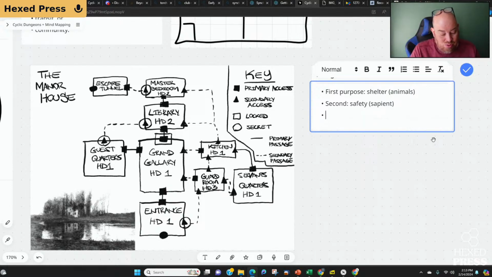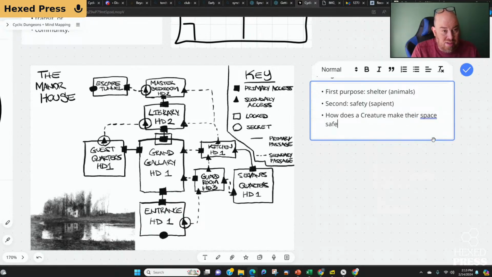So now, how does a creature make their space safe? I'm trying to work this through my brain, so feel free, if I'm missing an angle, let me know, because this is not a TED talk. I'm really trying to work this out as we go.